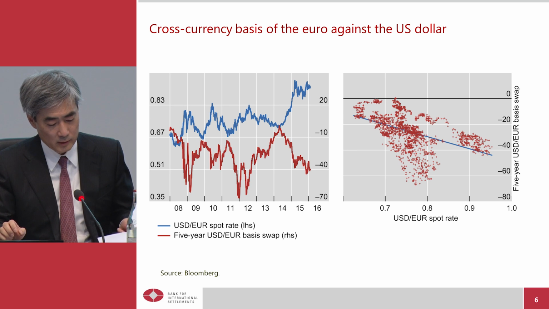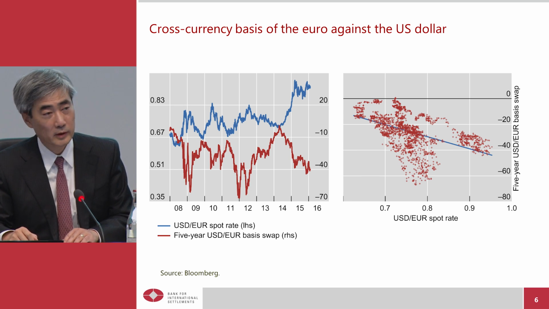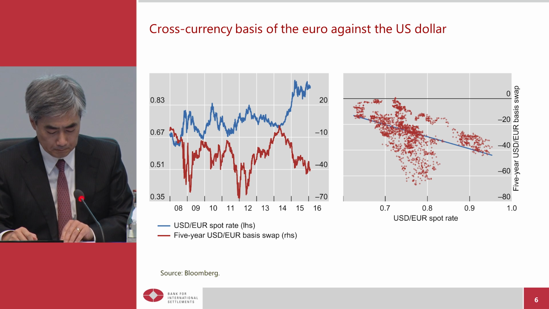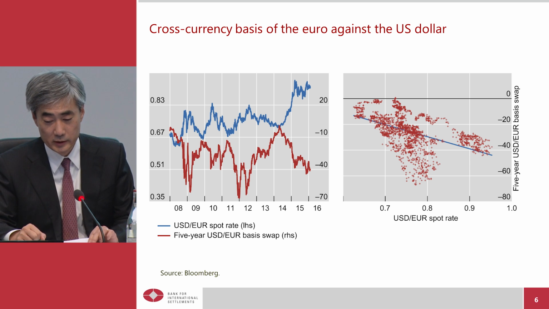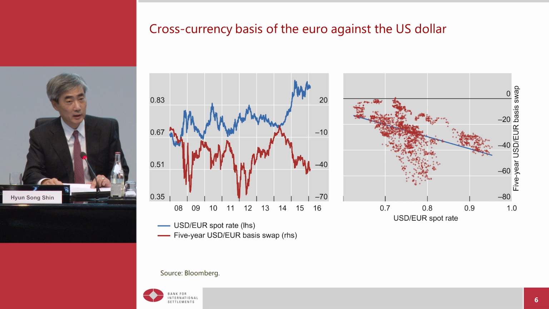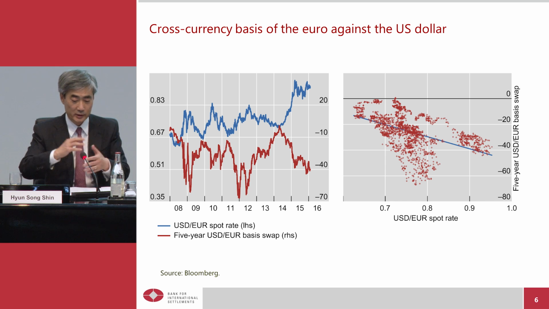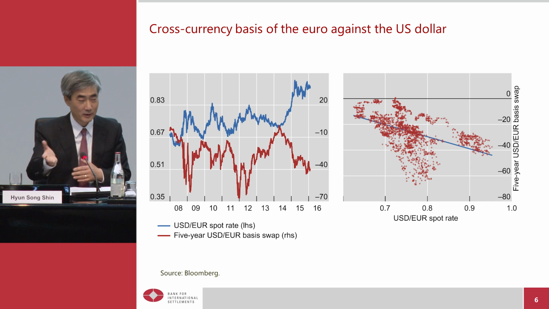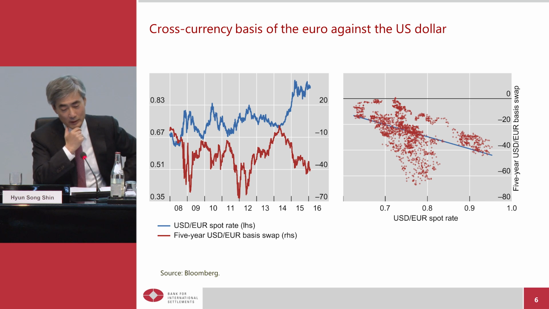Let me just illustrate this also with just the bilateral exchange rate with the euro. So the blue line is the value of the dollar vis-a-vis the euro, and what I've done is I've taken the reciprocal of the usual exchange rate quote, which is the euro dollar. Now, this is the dollar euro, if you like.